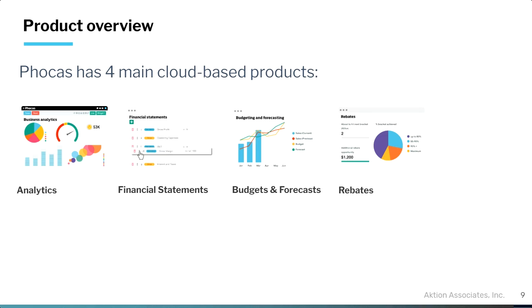And then for our Infor distribution and manufacturing teams, the rebates module is really great as well. A lot of companies that I speak with have quite a few rebate programs with their vendors, and especially with the volume rebates, they can be really difficult to track in the ERP or even in an outside Excel spreadsheet.